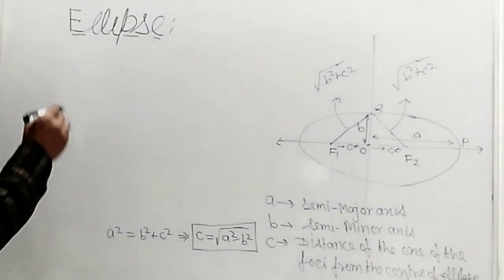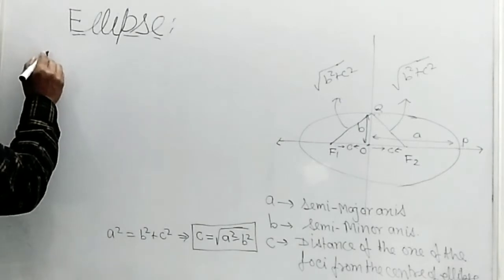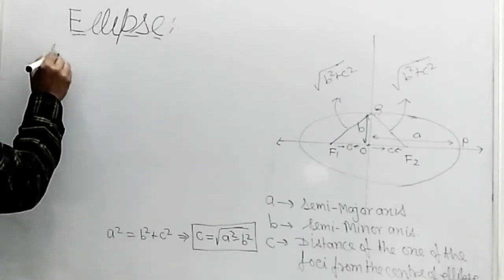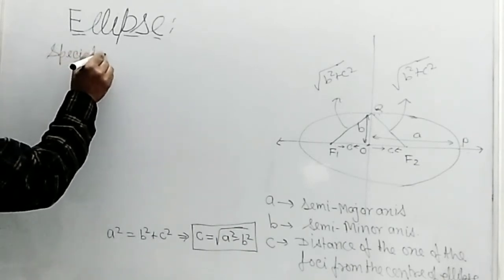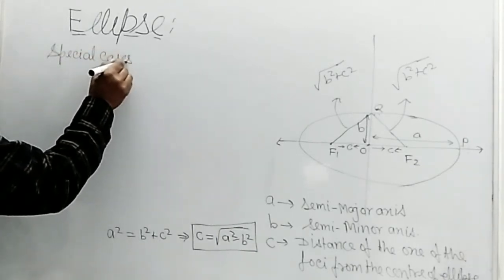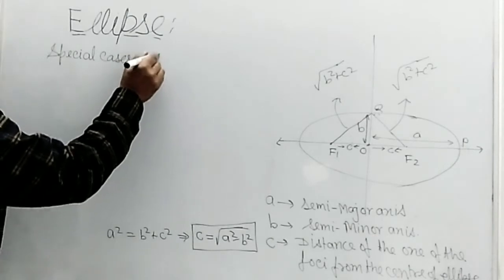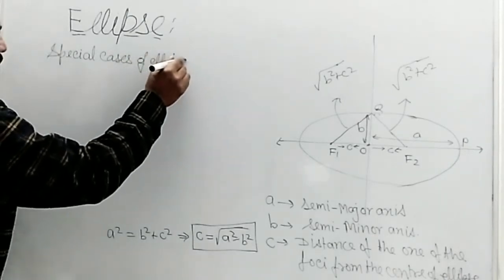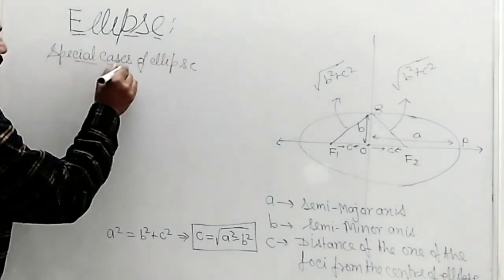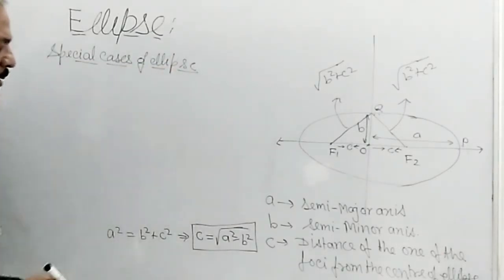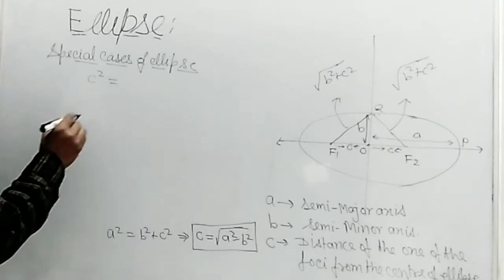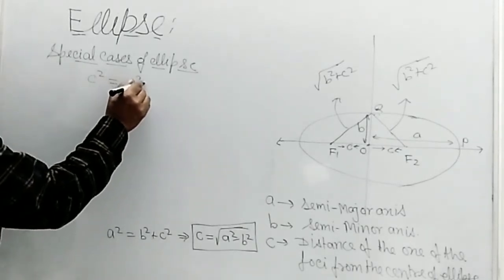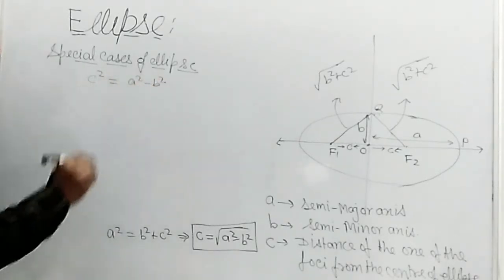Now we know that C square equals A square minus B square.